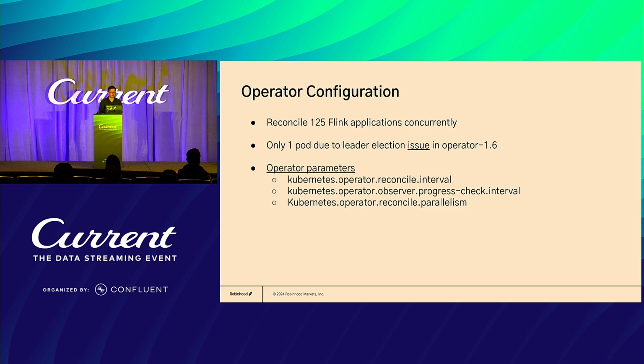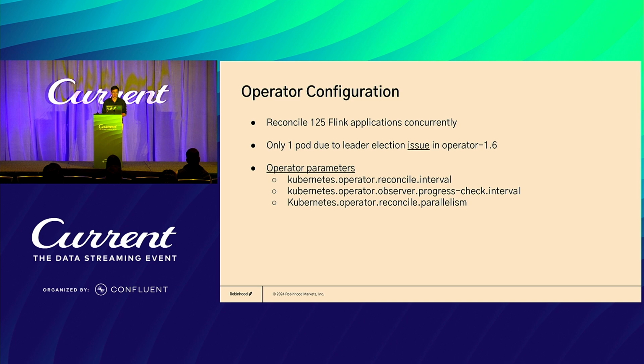After the number of operator pods was decreased to 1, although the Flink applications don't get deleted anymore, the operator pod would still crash when we deployed a large number of applications concurrently. We went through the operator documentation and found a lot of parameters that we could tune. So we tuned different parameters on the operator in non-production environments, ran load tests by creating a large number of Flink applications concurrently.